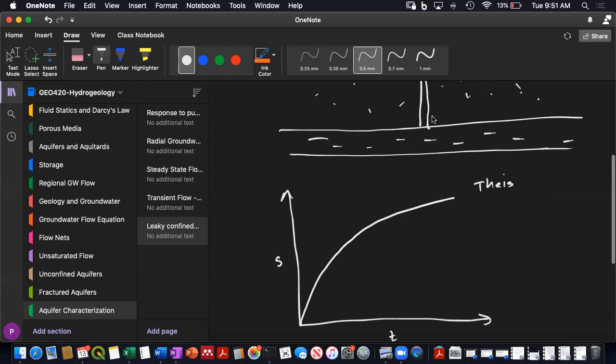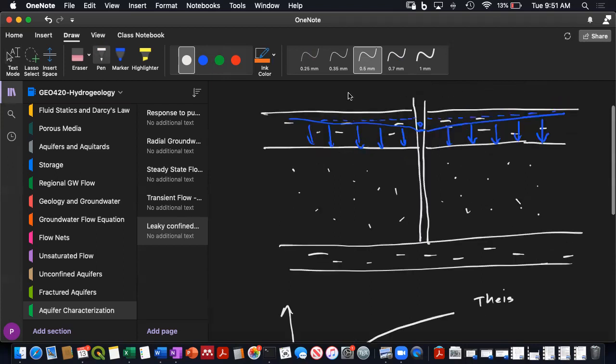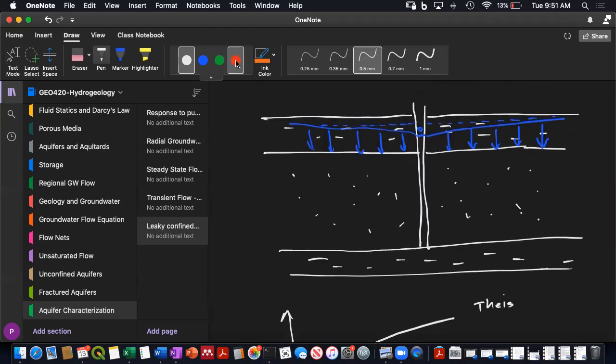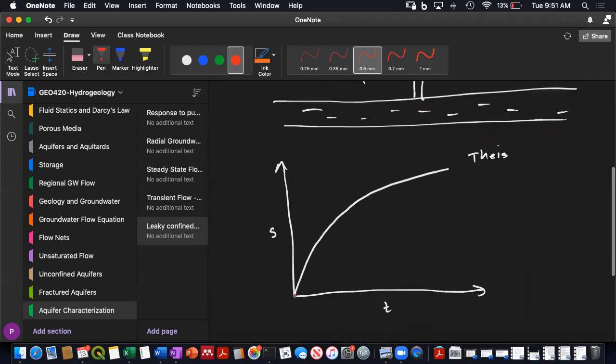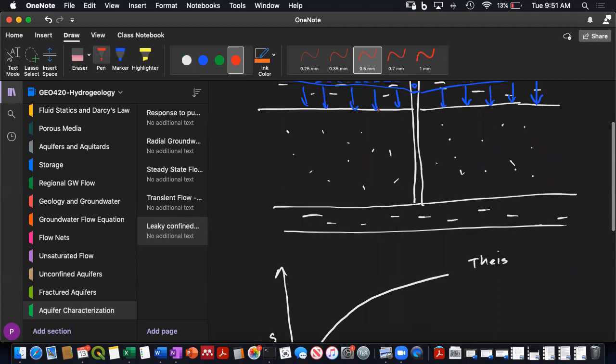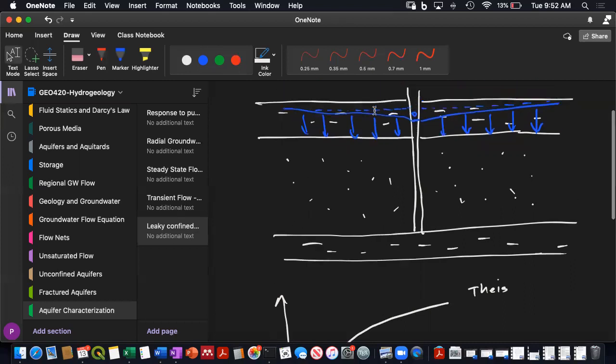What we see in this case where we've got leaking storage here is that we will start off along this Theis response because there isn't much chance for water to exit this storage. This is early time. Water that's going to leave this doesn't have time to leave.